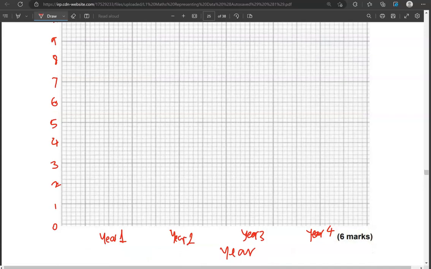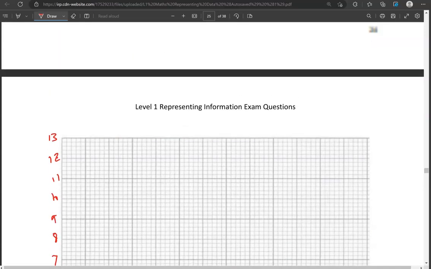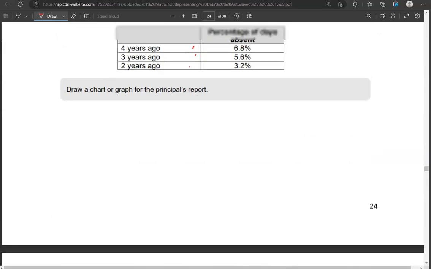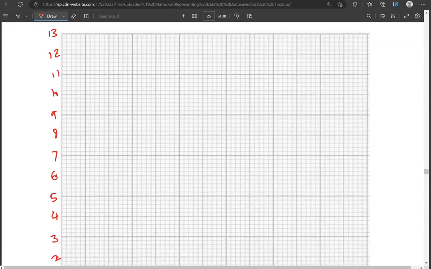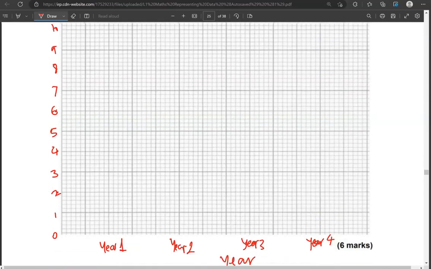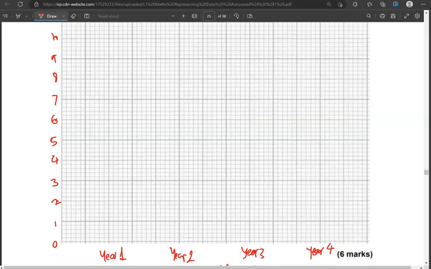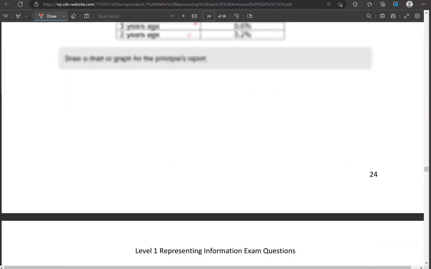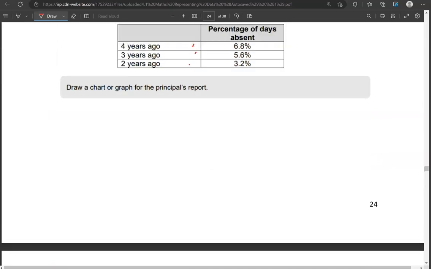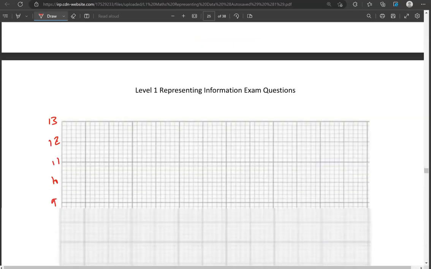So for year 1, it goes up to 6.8%. Six point eight is here. Year 2, it goes to 5.6%.